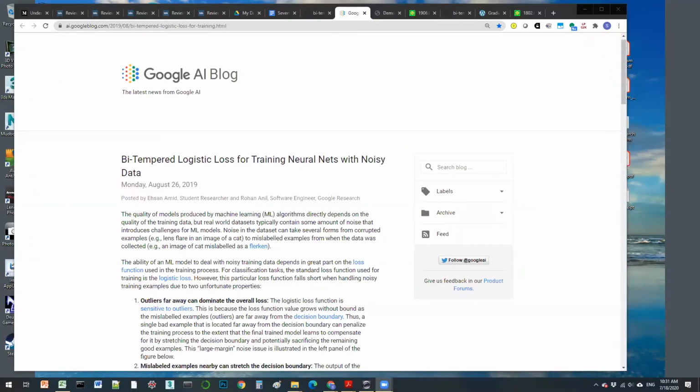Yep. Okay, so the first one that I was chasing down was yet another loss that I thought I could implement, and it is referred to in the document that I have as the bi-tempered logistic loss, and apparently it helps you deal with noisy labels.